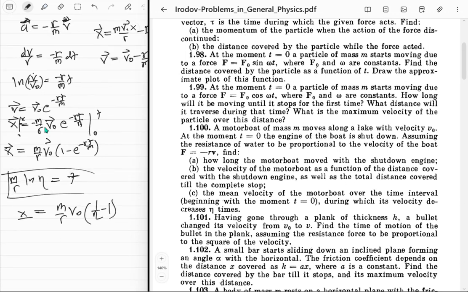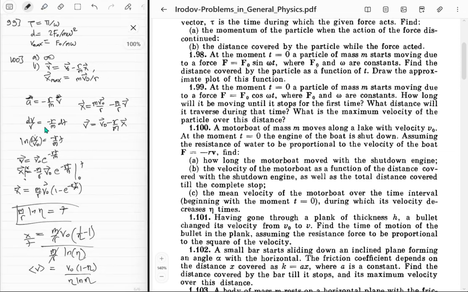So x upon t is equal to this upon m upon r natural log of eta. Cancels perfectly. So the average velocity is v naught into 1 minus eta upon eta natural log eta. So we got C done as well.